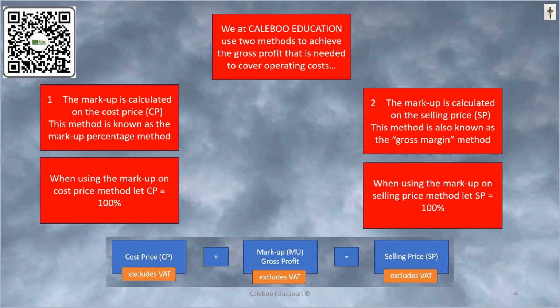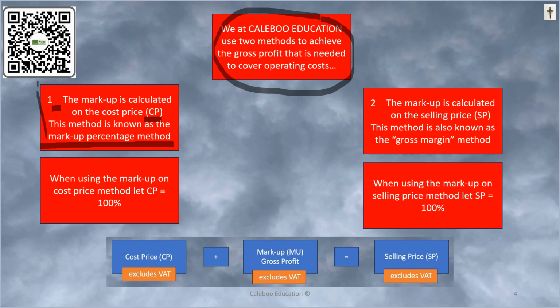We at Calibre Education use two different ways to calculate the markup. And the first way is the markup calculated on the cost price. This method is also known as the markup percentage method.